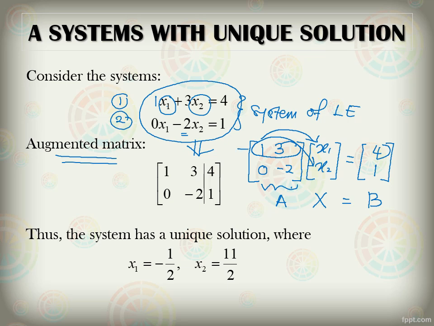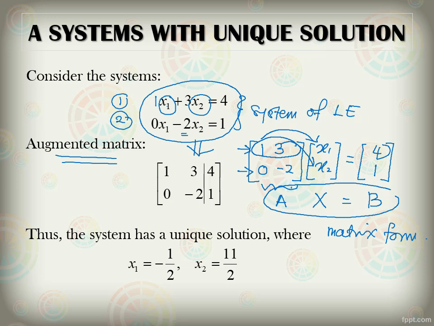So this is your first equation. This is second equation. Okay? Right. So this is the matrix form of your linear equation.